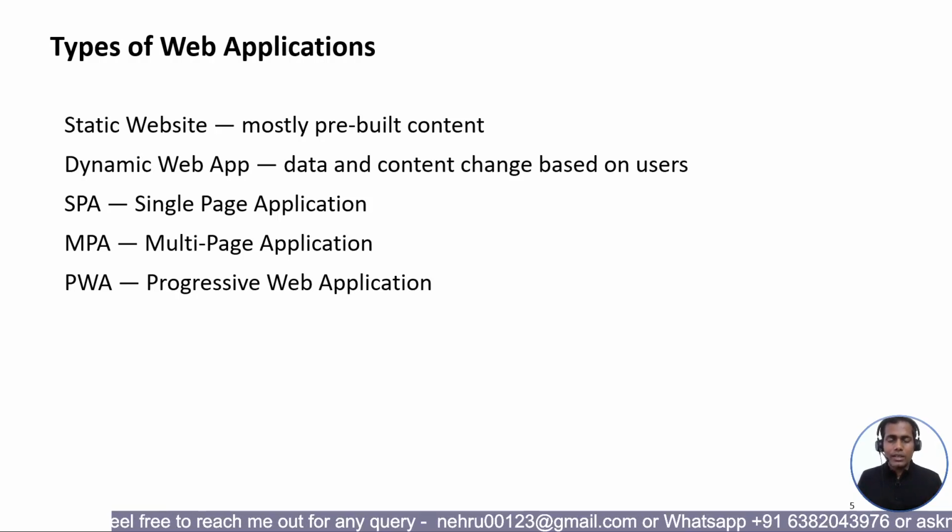A PWA is still a web application, but it can provide more application-like capabilities. Sometimes it will request you to install it as an app. That is called an installable web app, PWA. This kind of application can work even with limited connectivity. There can be network problems, but still it can work.